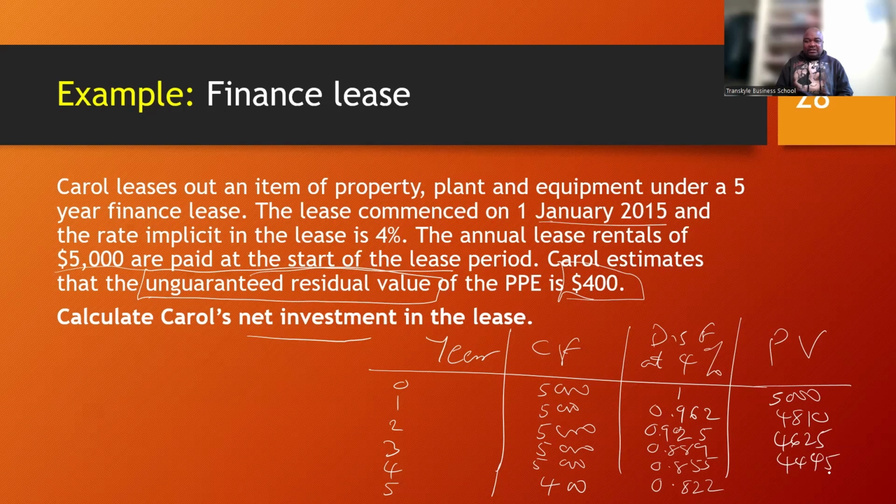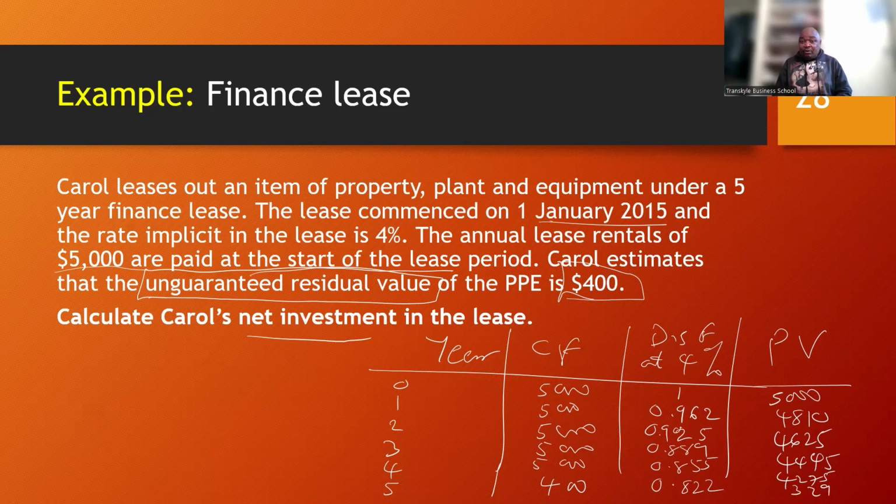Then 5,000 multiplied by 0.855. That's 4275. Then 400 multiplied by 0.822, that's 329 actually.